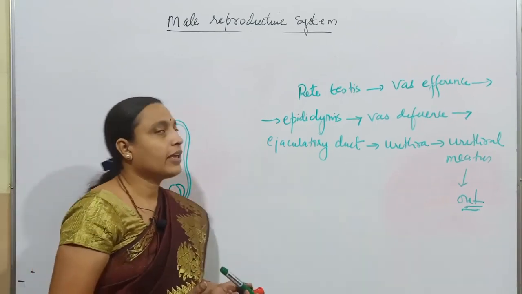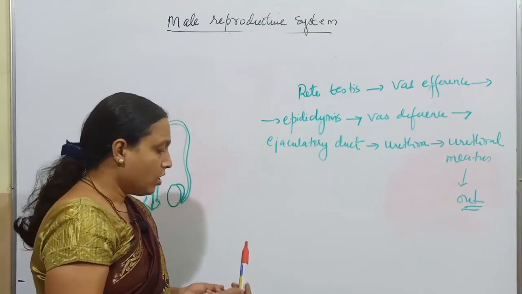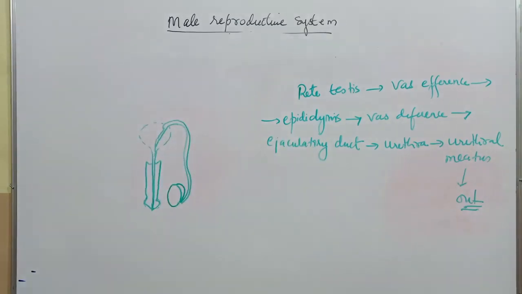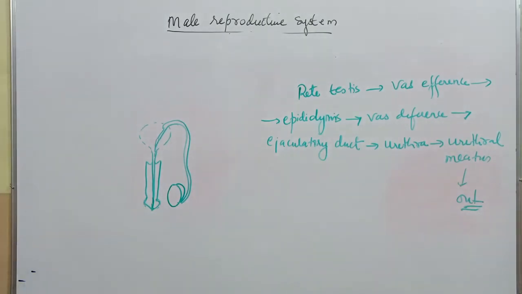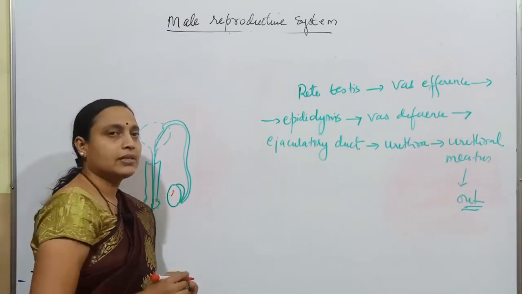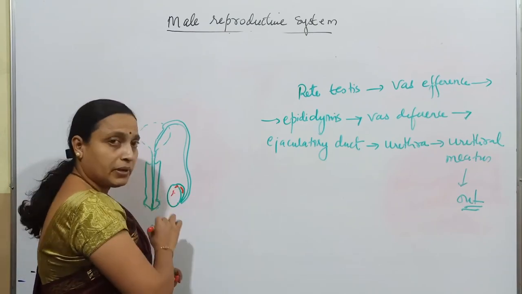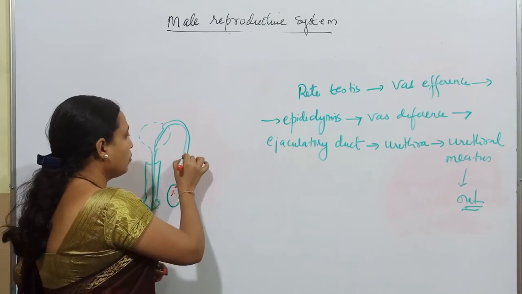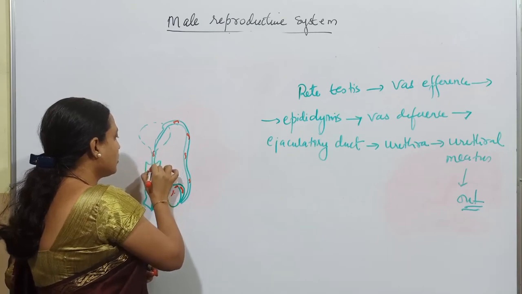So I think you are clear with the path in which the sperms move. So here the sperms are produced in the testes, it goes to the rete testis, vasa efferentia, it comes to the epididymis, then it moves in the vas deferens, and finally it will reach where?